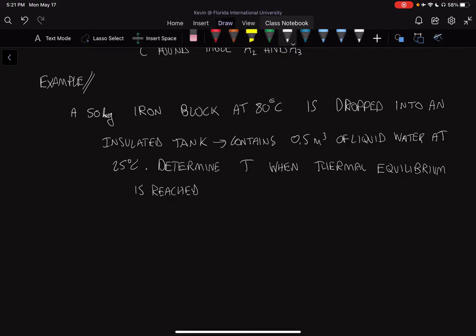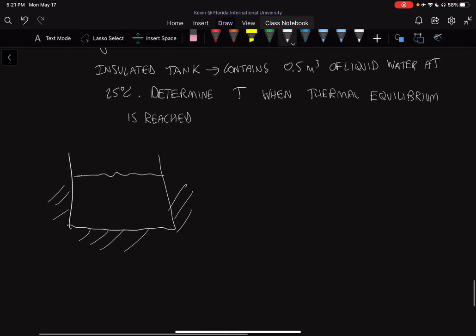Okay, so let's draw a little bit of our system. We have a tank like this, and we'll say that it's perfectly insulated. So we'll put walls around it, say that it's insulated. And initially we have water at 25 degrees Celsius, and we put in it a piece of iron, and the iron is at 80 degrees Celsius. Okay, so that's the information we're told.